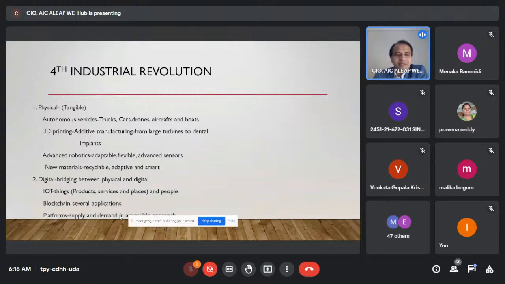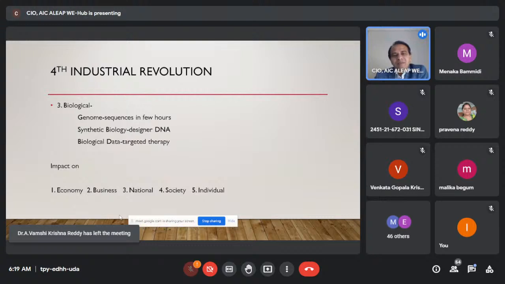So we have robotics, IoT, blockchain, and several other platforms where Industry 4.0 works. In biological, recently we have seen COVID. For COVID, we brought a new vaccine. The vaccine works on RNA technology, and vaccine development has been the saver for the entire human population during the COVID times.